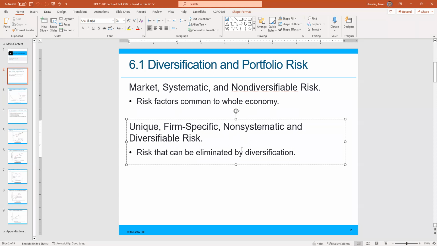But to give a quick example of a firm-specific risk, let's say UPS and Federal Express, FedEx. UPS employees are in a union. FedEx does not have one. So that will be considered a firm-specific risk of UPS that FedEx doesn't have.